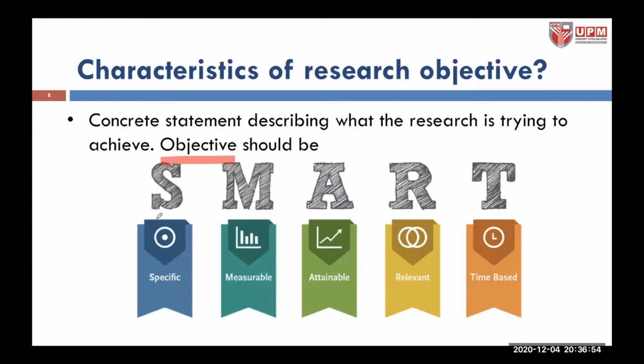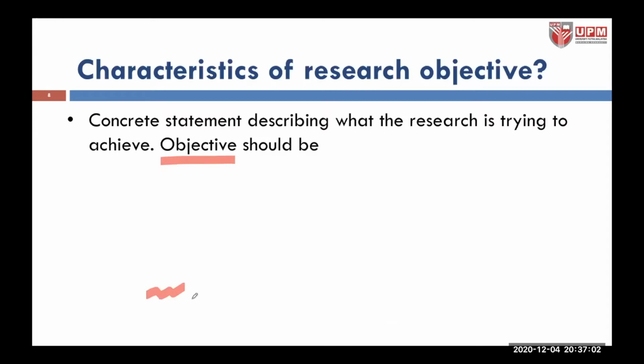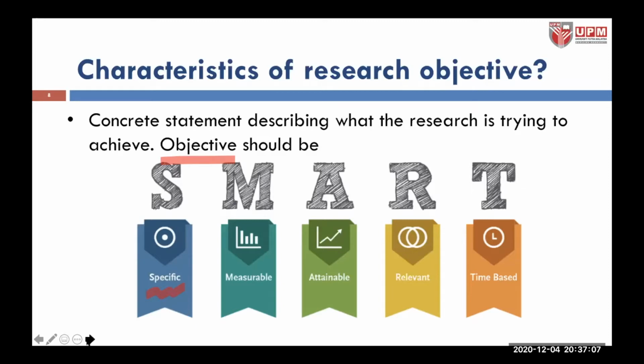The S element is that it has to be specific. A research objective must be specific. It cannot be general. An objective should be specific. It should also be measurable, and it should be attainable, and it must be relevant to the work, and it also has a time base. That is an objective in the general definition.